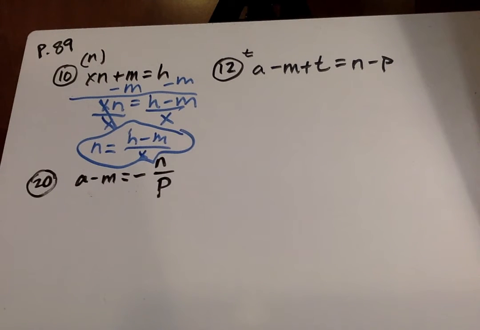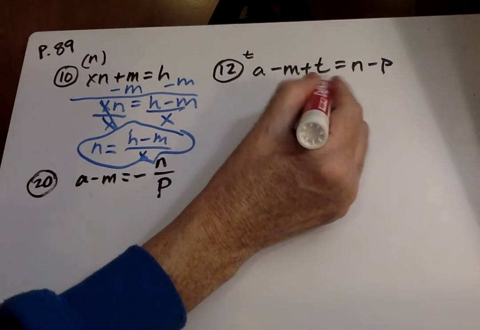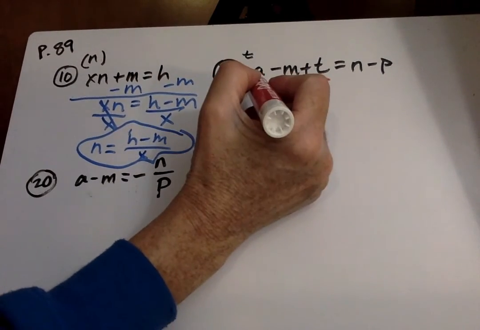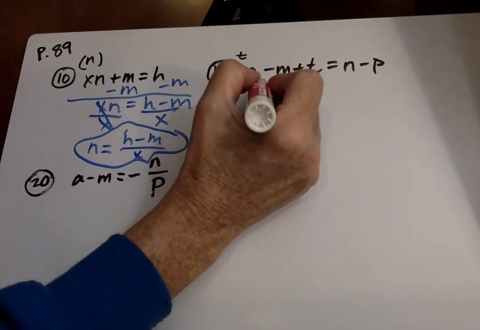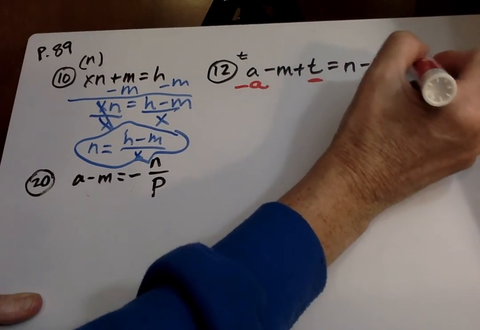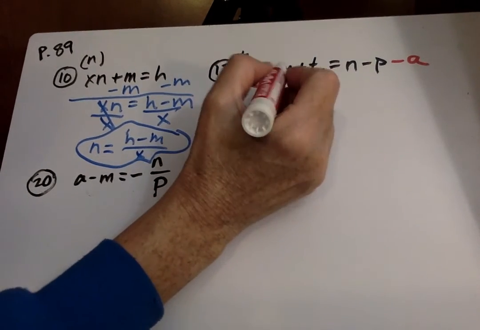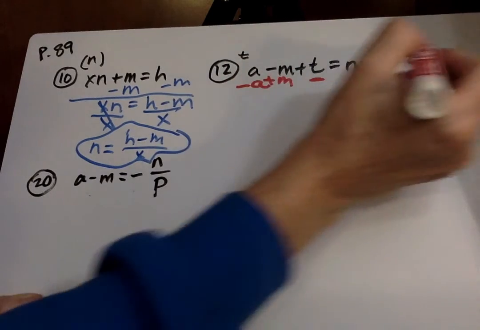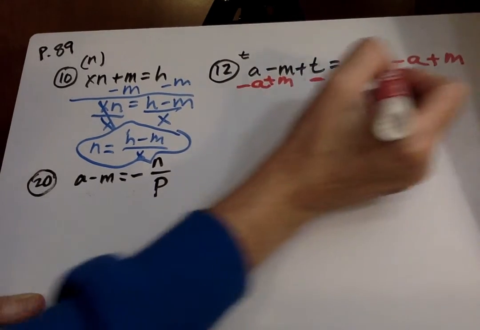Okay. Now, 12 is kind of an easy one. It looks complicated, but it's kind of easy. So we're solving for t, so we have to get rid of this. This is a, so I'm going to go minus a here, minus a there. There's a minus m, so I'm going to go plus m, plus m.